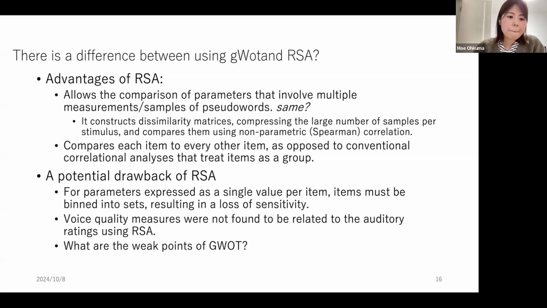So a potential drawback of RSA is that for parameters expressed as a single value per item, items must be binned into sets, resulting in a loss of sensitivity. So voice quality measures were not found to be related to the auditory ratings using RSA.